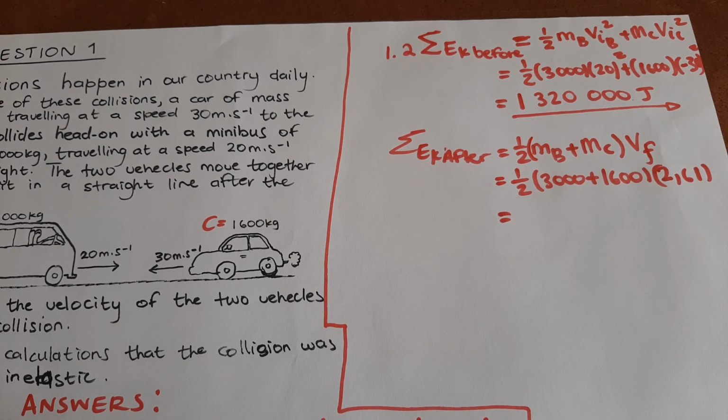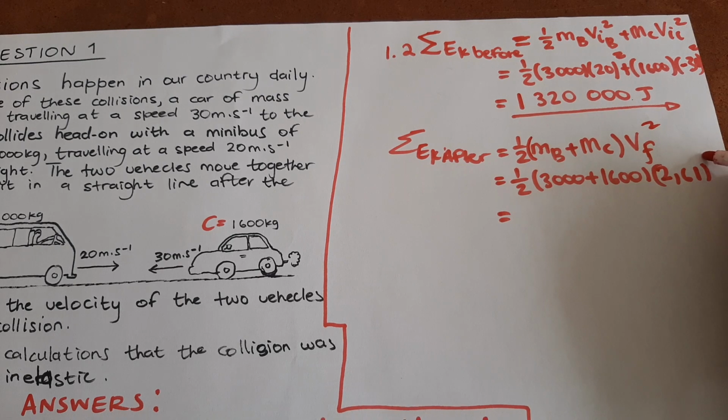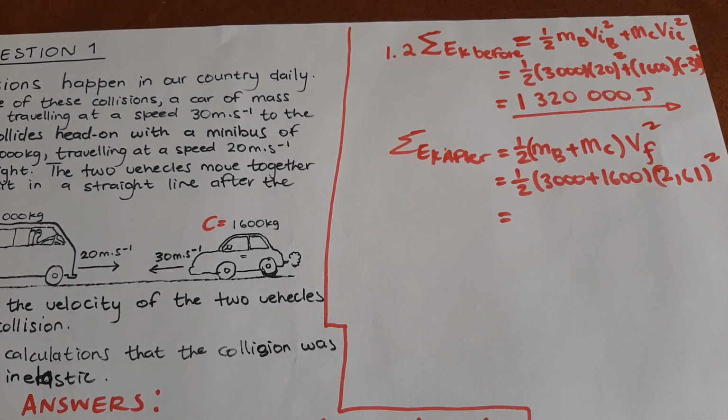half, 3,000 plus 1,600. This was supposed to be squared. Half mv squared, so the kinetic energy is half mv squared. Sorry about that, guys.